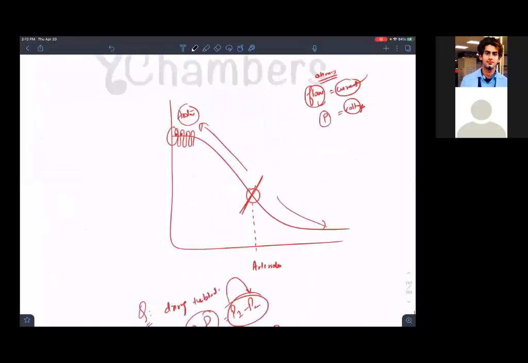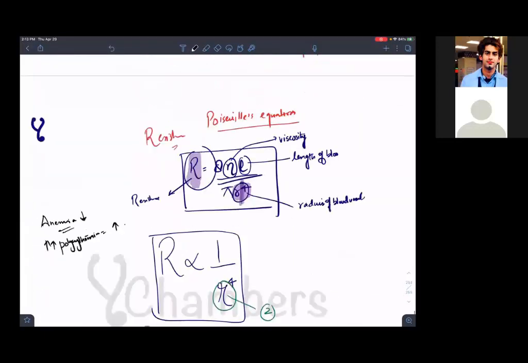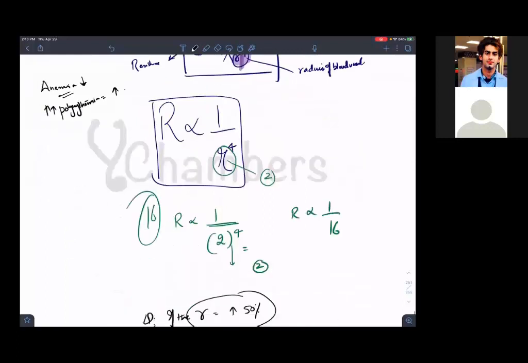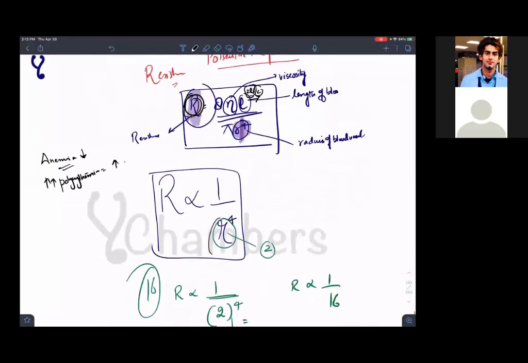What about, by the way, what about length? If you double the length, you will be doubling the resistance. If you halve the length, you will be halving the resistance also. Okay. But in physiology we won't be discussing this, where we have to just decrease this radius.